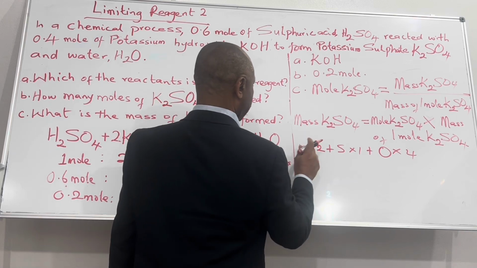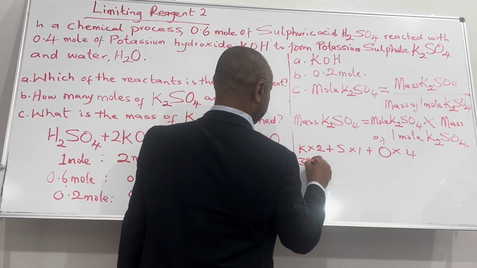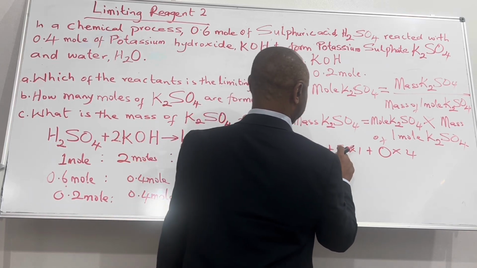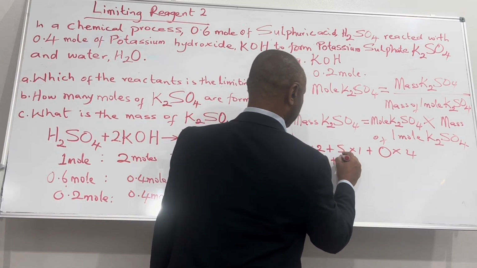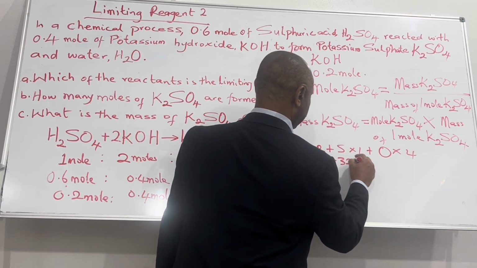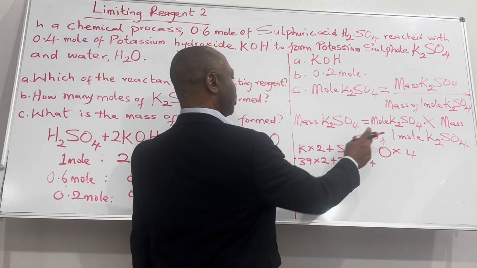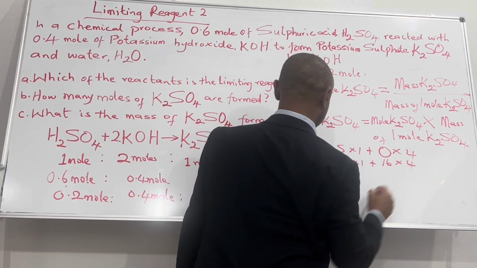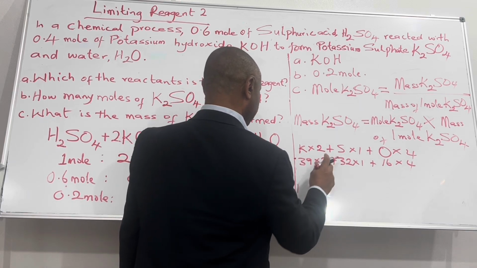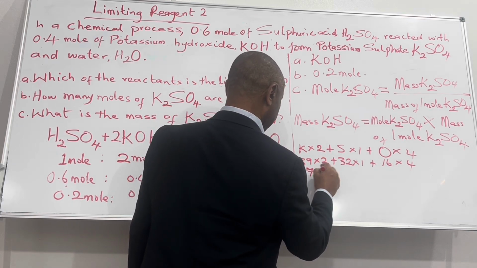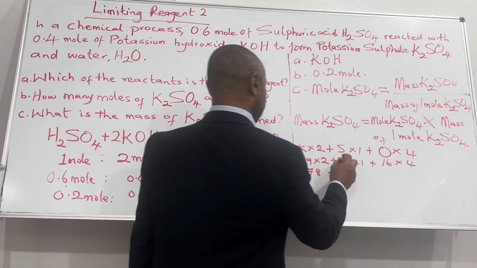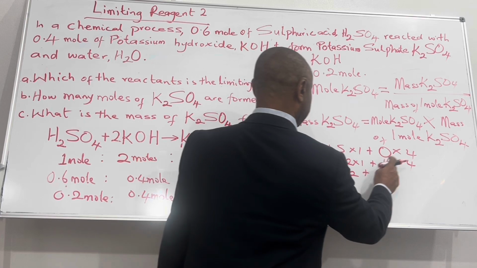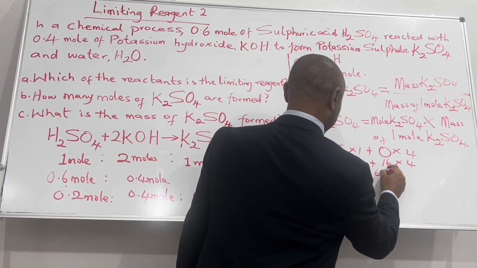The relative atomic mass of potassium is 39 times 2 plus the relative atomic mass of sulfur is 32 times 1 plus the relative atomic mass of oxygen is 16 times 4. 39 times 2 is 78 plus 32 times 1 is 32 plus 16 times 4 is 64.